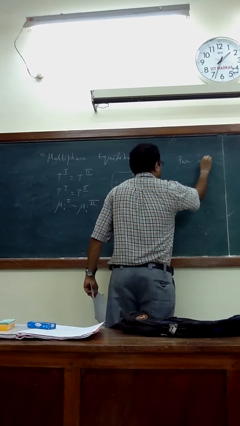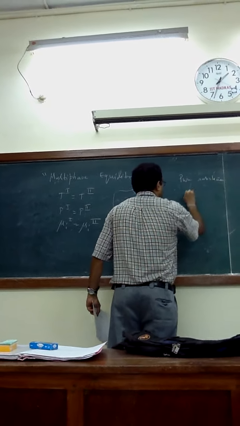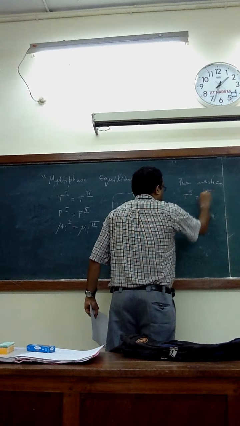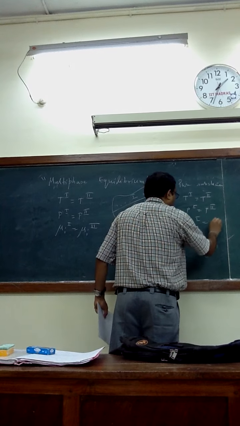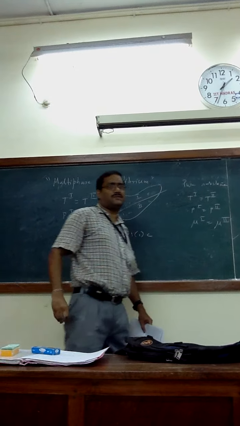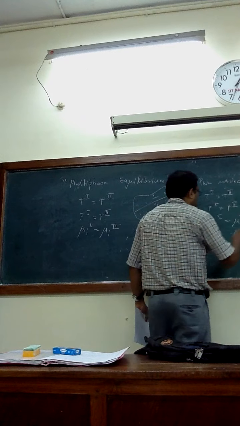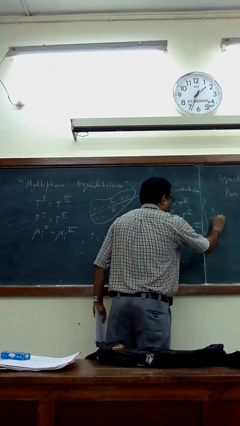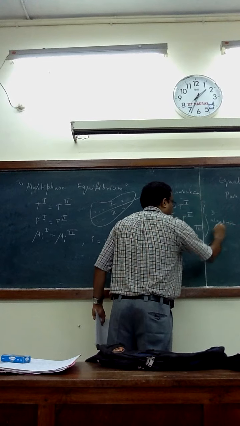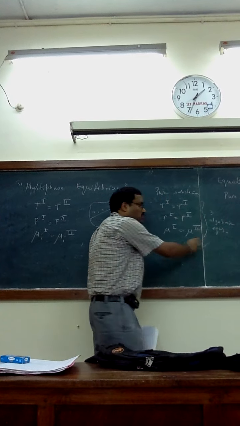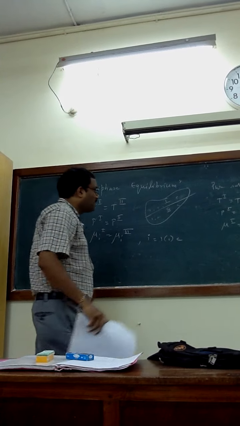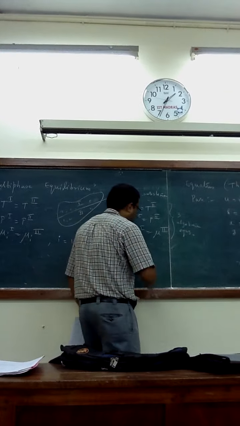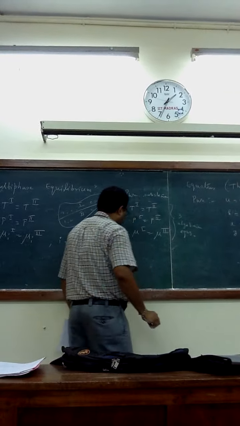These are 3 algebraic equations. How many unknowns are there? 4 unknowns. Unknown means independent variables.